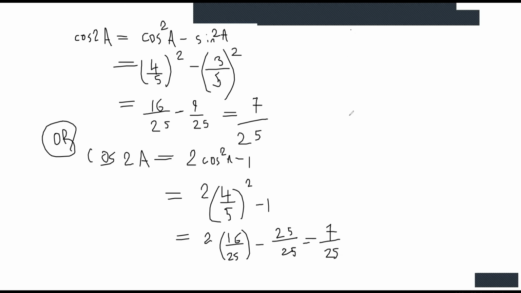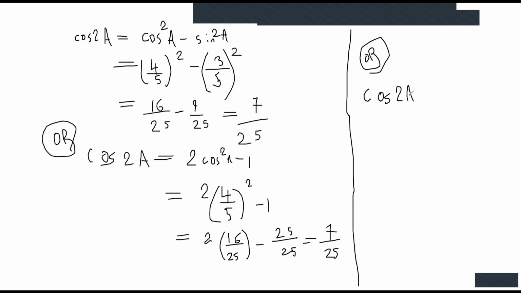See, the same answer. I know it is 2 marks, but why am I writing out all of them? So remember the cos 2A formulas, because, as we said earlier today, they're important for trigonometry, for differentiation, and for integration. So we have to know all 3 of them. That's why I'm writing out all of them.